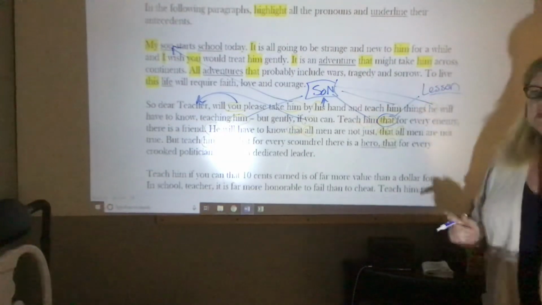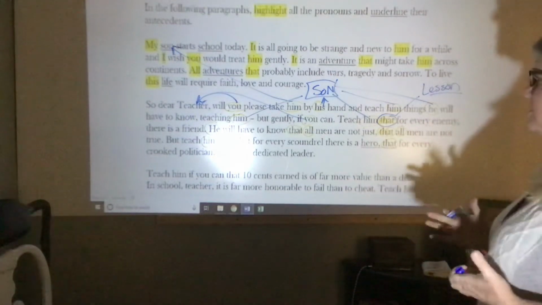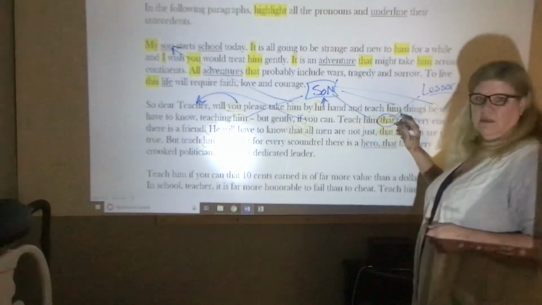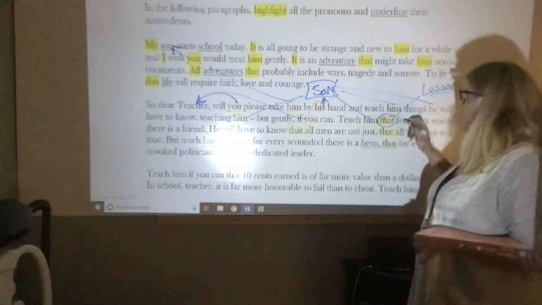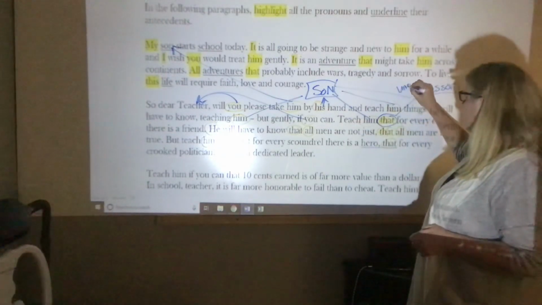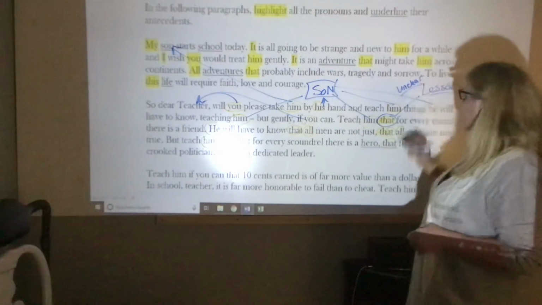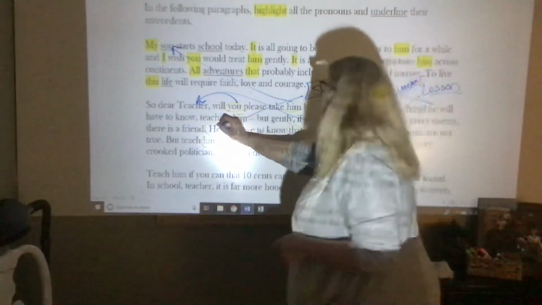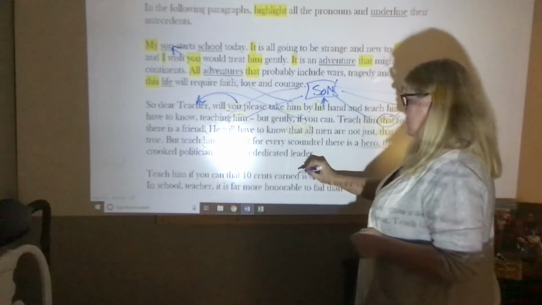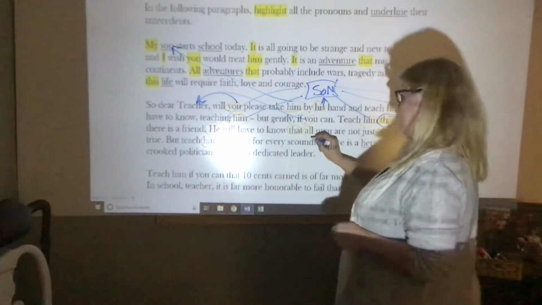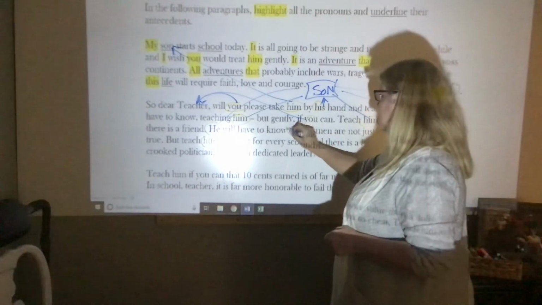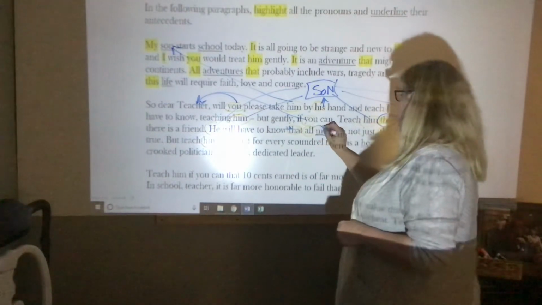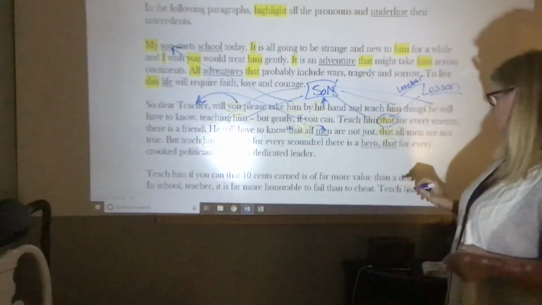So this is where this gets a little tough. You have to make sure it's a clear reference. So this is one of those things that we used that, and Lincoln used this in his writing, and it's actually one of those things that's an unclear reference that we're going to learn later how to clear up. He, again, the son, will have to know that, and again, unclear, all men, so all is talking about men, are not just.